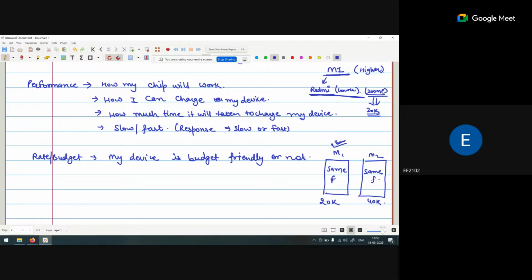The company demands that your mobile phone will have a 200 megapixel camera, but the quality is down. The lens quality is down, and that's why the cost is down. To compete in the market, they just develop a 200 megapixel camera.